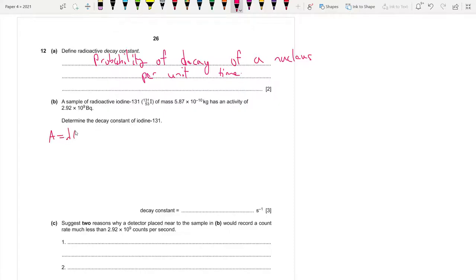We know that A is equal to lambda N, right? And we can find out capital N. How? Basically, we know the mass.